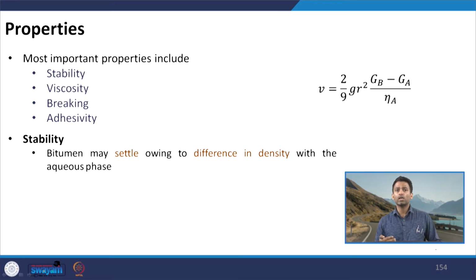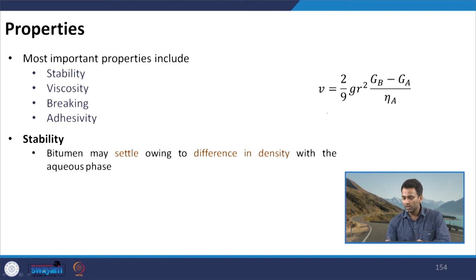To understand the settling, we can look at the conventional Stokes law, though the assumptions of Stokes law cannot be directly applied in the case of emulsion, because one of the assumptions here is that the particles should be free to flow and should not have any interparticle forces, which is not the case in emulsion. But this equation can give us some understanding about the factors which can be controlled to improve the stability of the emulsion.